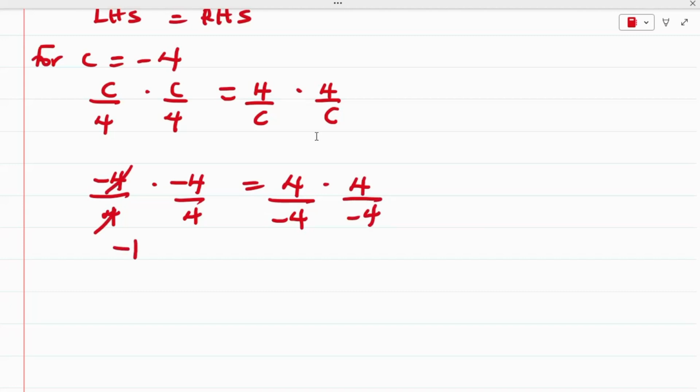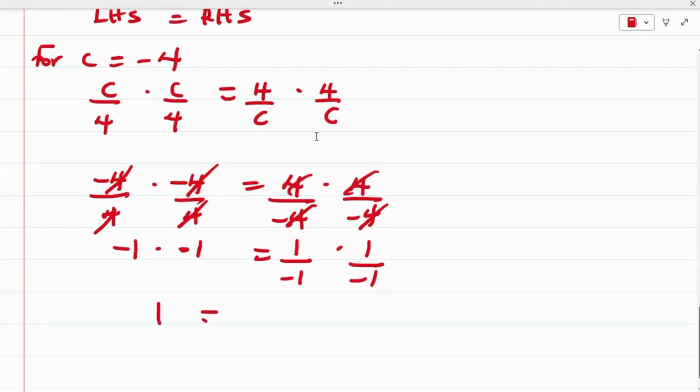We have negative 1 multiply negative 1 is equal to 1 over negative 1 multiply 1 over negative 1. Negative 1 multiply negative 1 is 1, which is equal to 1 over negative 1 multiply negative 1, which is 1. So 1 is equal to 1, and this implies that the left hand side is equal to the right hand side.